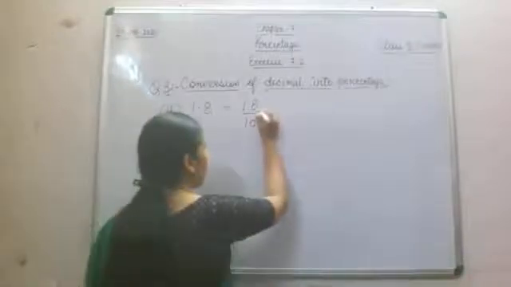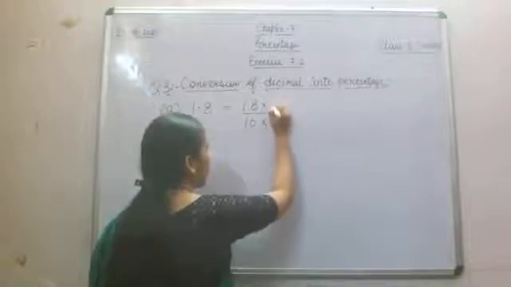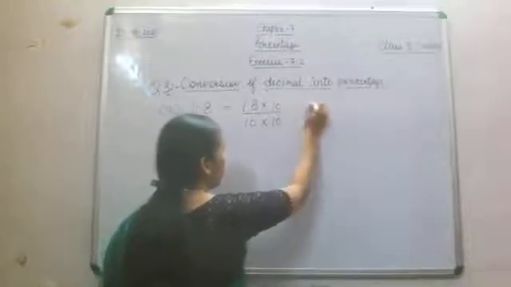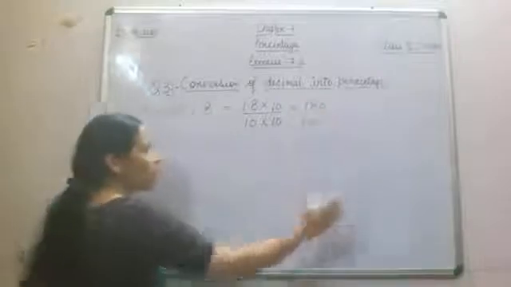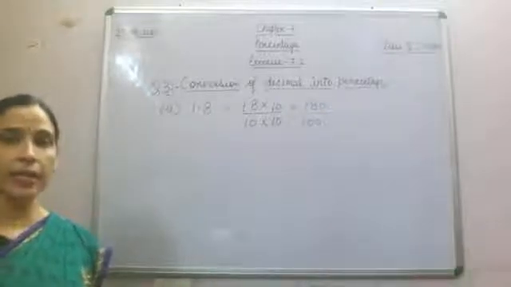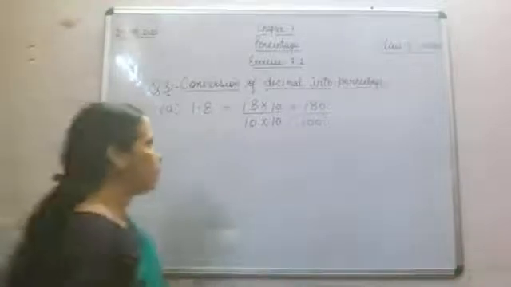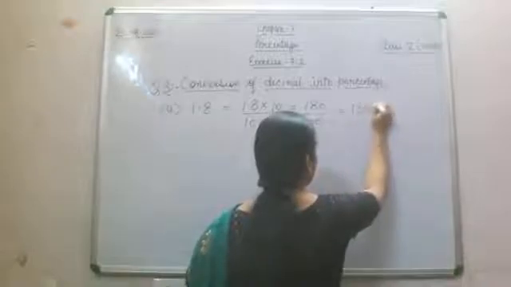So what we will do, this will be multiplied by 10. Now what will we get? 180 by 100. So what will be the answer in percentage? 180%. Fine. So we got this 180%.